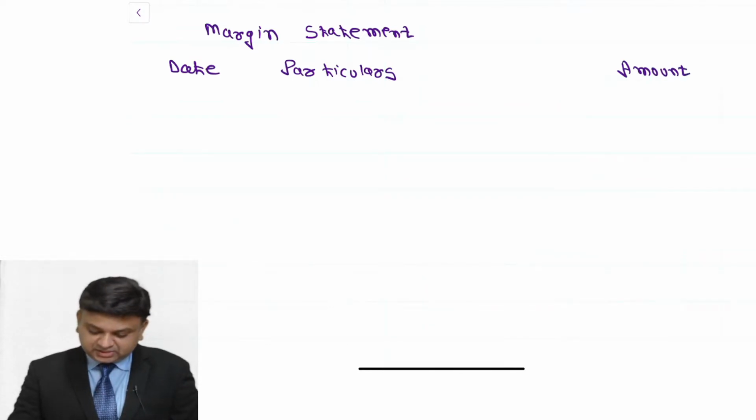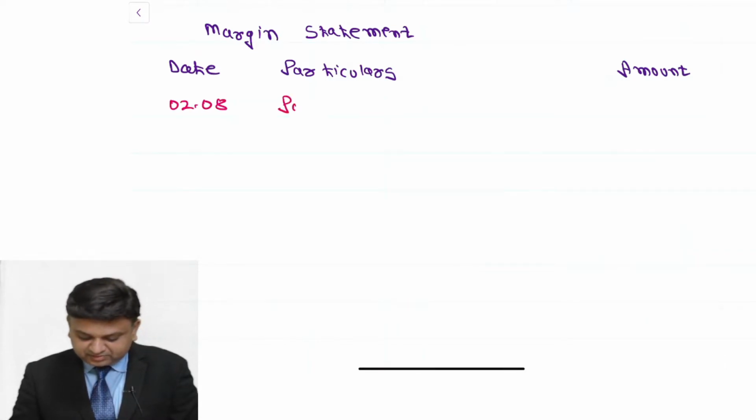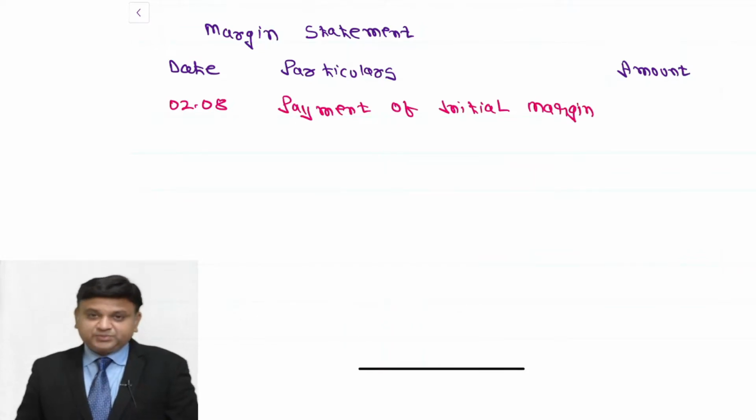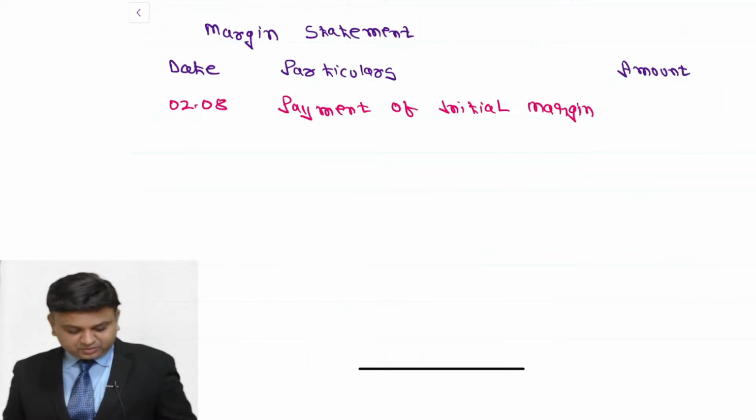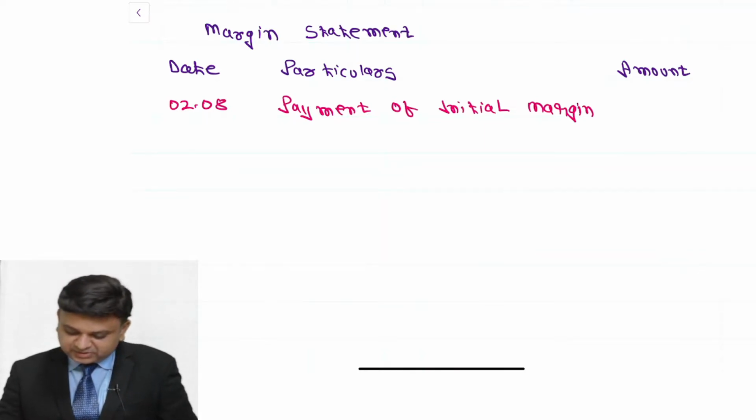The transaction is entered into on 2nd of August. In that, payment of initial margin. As per the calculation that we already have made, it is 2,400 per contract into 5. That is an amount of rupees 12,000.